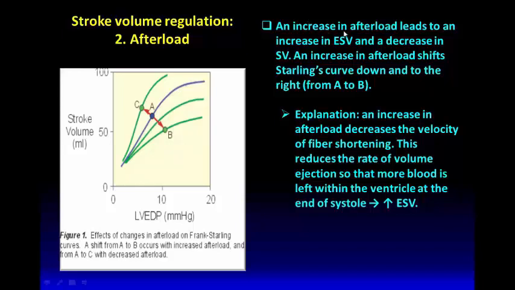An increase in afterload leads to an increase in the end systolic volume and a decrease in stroke volume, as we mentioned earlier.